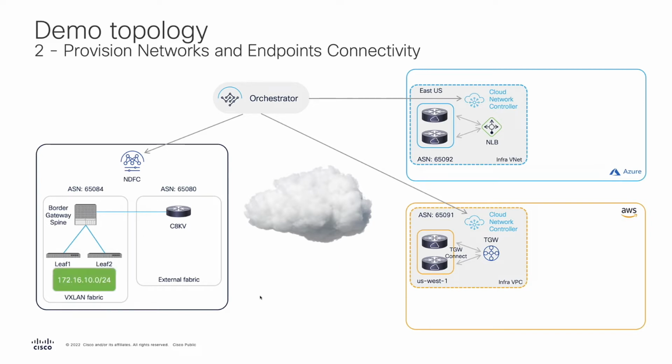We're going to deploy a subnet on-prem with a specific IP address, which is not relevant, but we'll obviously need to have an IP address, a prefix. We are going to also create in Azure a user VNet with an associated subnet, and on AWS, a user VPC with an associated subnet.